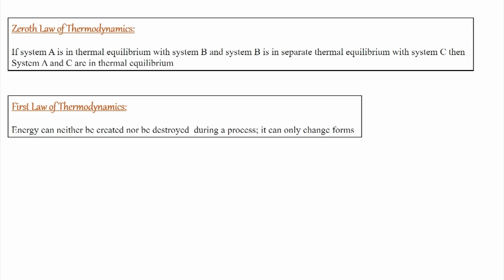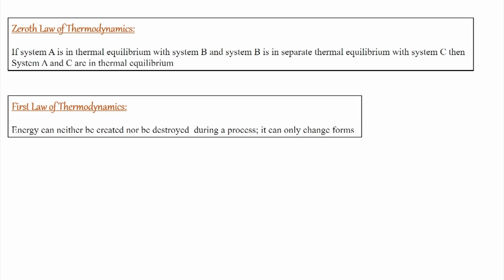Then we have the first law of thermodynamics, which is basically the energy conservation principle. It states that energy can neither be created nor be destroyed in a process, but one form of energy gets converted into another.